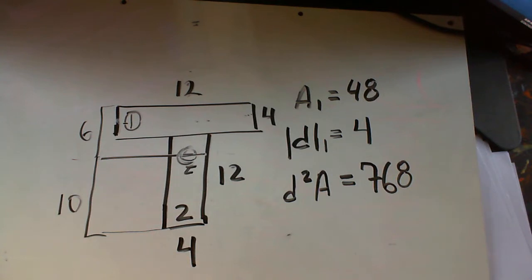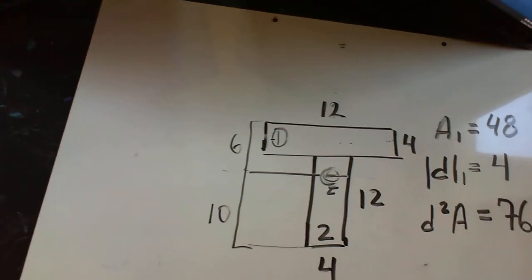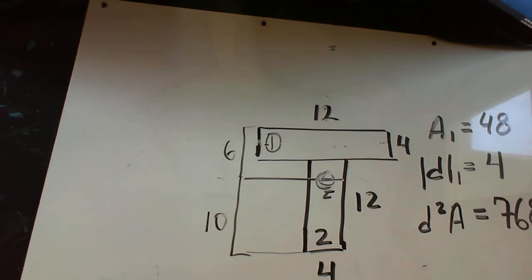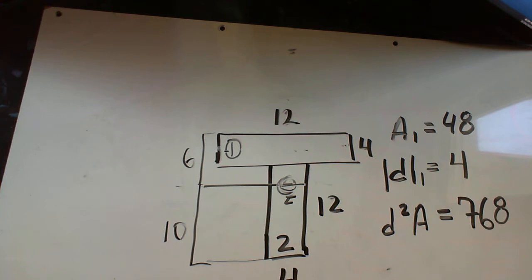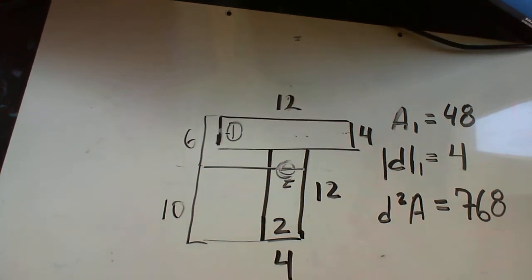Now the second shape, all right, so we're going to hold on to that information. I'm going to shift my board over, and on this side of it we will calculate for shape 2. Now notice shape 2 is also a 4 by 12.